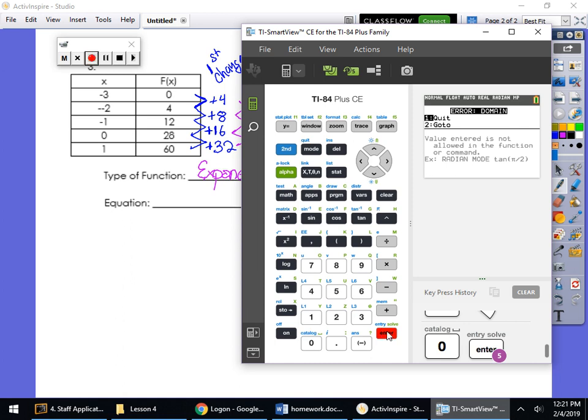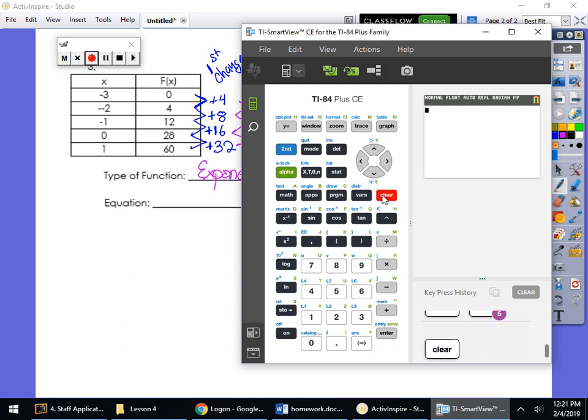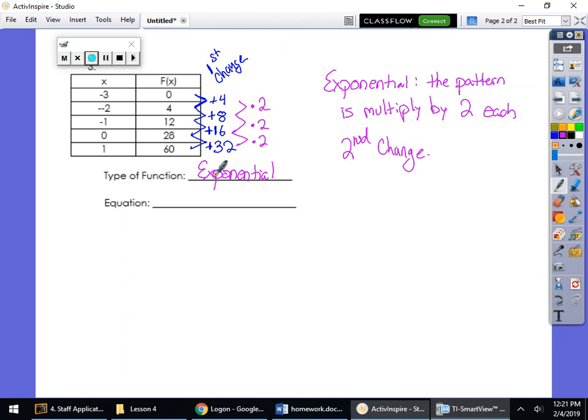Alright, I'm not sure why it's giving us this error, but we know that this is exponential because it's multiplying by 2 each time. So we look at it, it has our pattern multiplying by 2, and yeah.